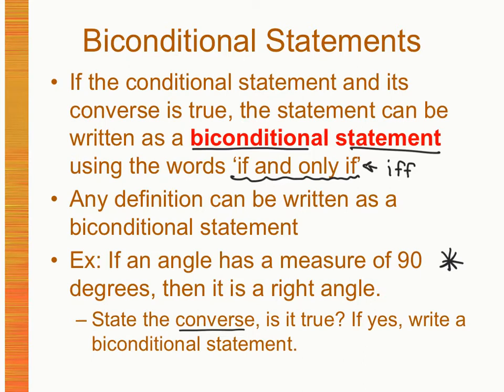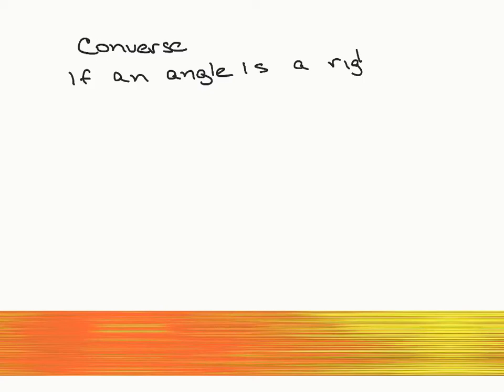So my first step is stating the converse. I believe in your notes I added a blank page, so I'm going to go to the next page and write the converse. The converse is: if an angle is a right angle, then it has a measure of 90 degrees.